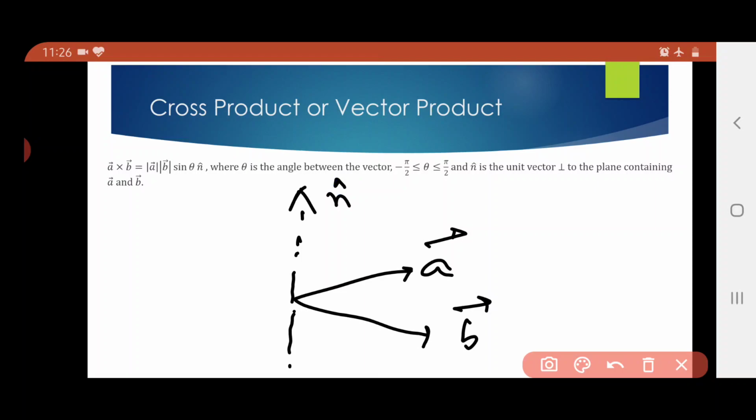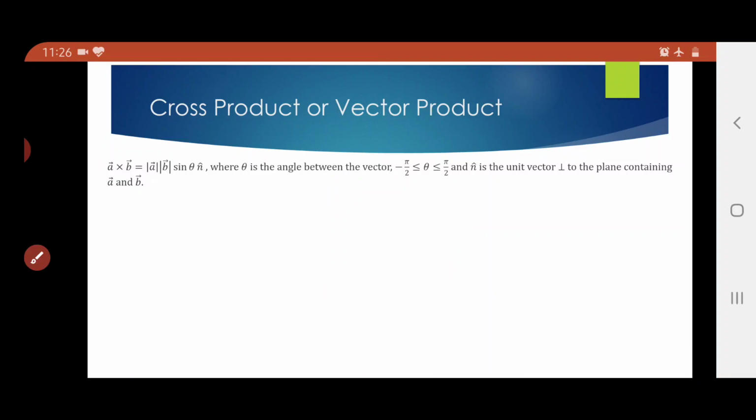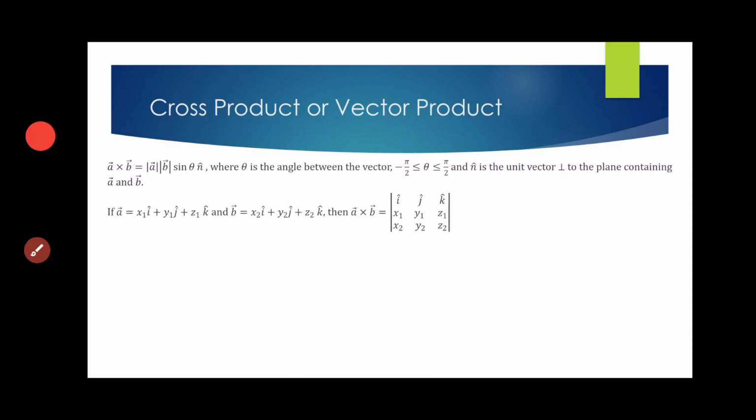So let us understand it that way. Now properties. Before we go into properties, this is something we already know, that the cross product of A and B is defined by the determinant given like this.